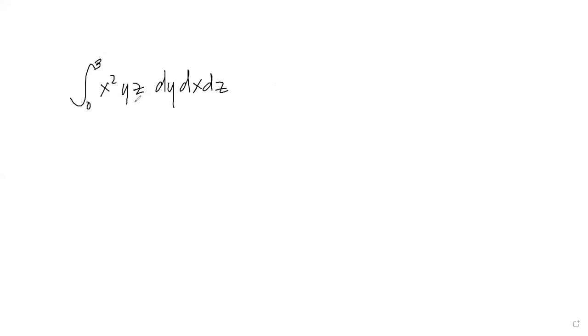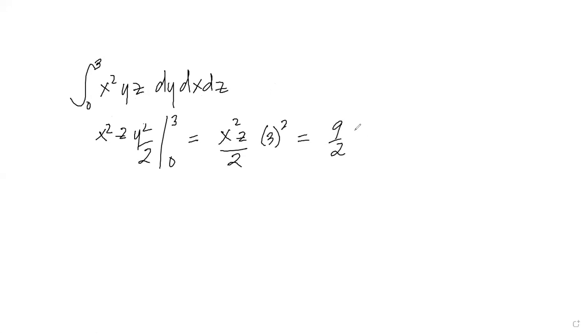If I process this, it's like x squared z, then I have y squared over 2. Then we'll substitute the limit 0 to 3. So this would be x squared z. I'll divide it by 2 because it's just like one constant here. Then I'll substitute the y squared, which is 3. So this is 9 over 2 x squared z dx dz.